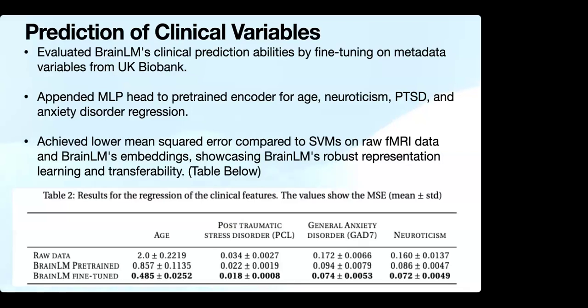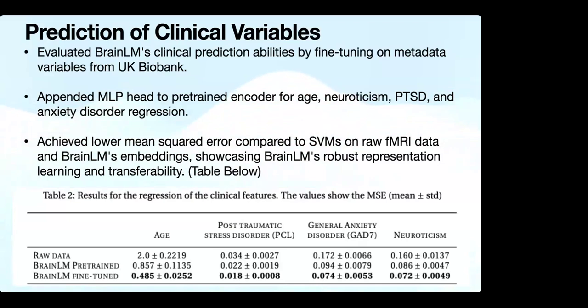And they also detailed their results on the prediction of these clinical variables task. So what they did was they evaluated their model's clinical prediction abilities by fine-tuning on this metadata that was collected at the time the fMRI was collected. And this came from the UK Biobank dataset.